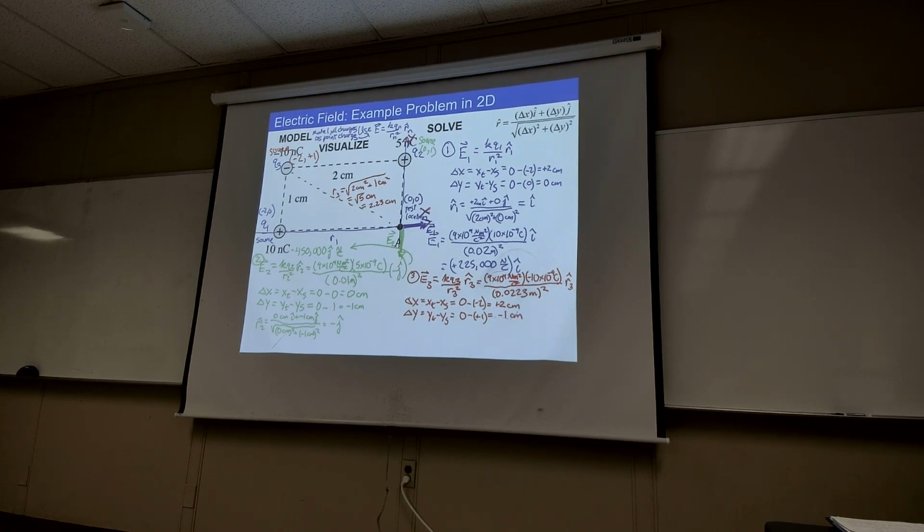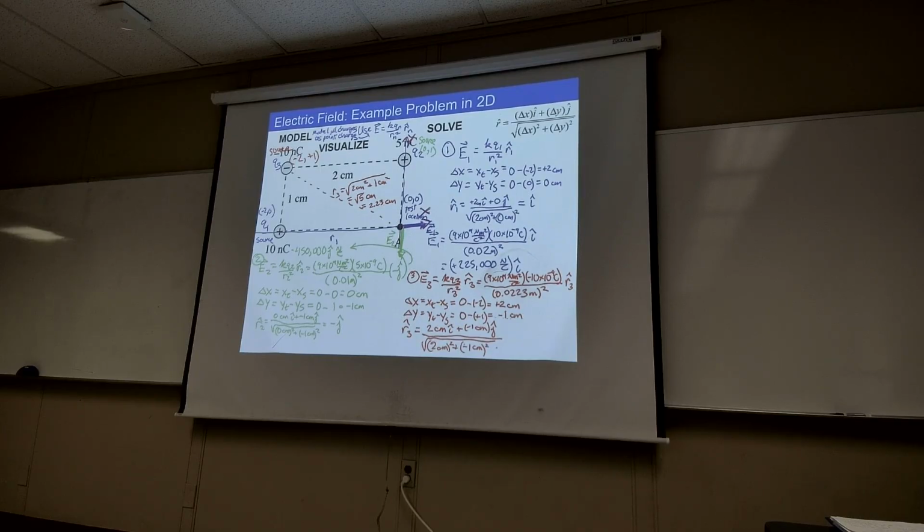Which means that R3 hat is going to be equal to 2 centimeters times i hat plus -1 centimeters times j hat, divided by the square root of the sum of the squares. So it's going to be 2 centimeters squared plus -1 centimeter squared.